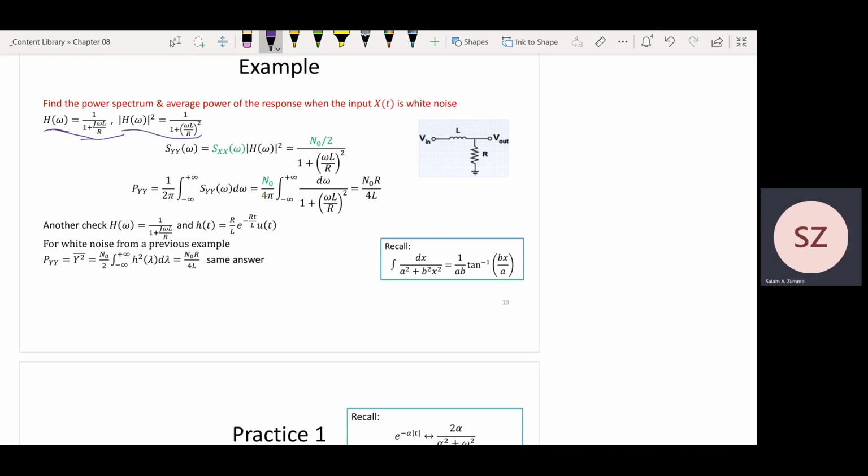Now, if I excite the system, the output power spectral density will be the input multiplied by the power transfer function, the magnitude squared. If the input is white noise, it has a constant PSD, so S_XX(omega) is a constant N0 over 2. Multiplying this by the magnitude squared gives us this.